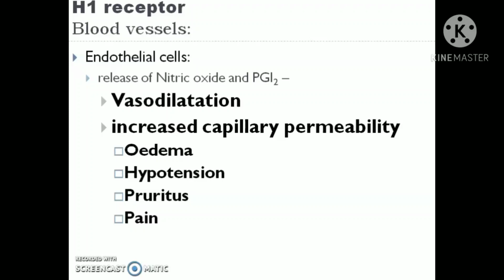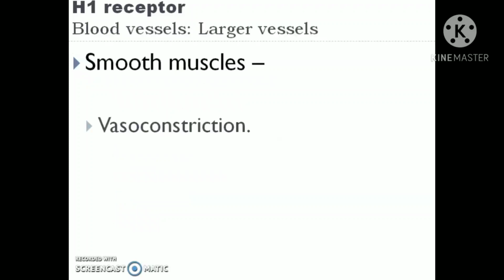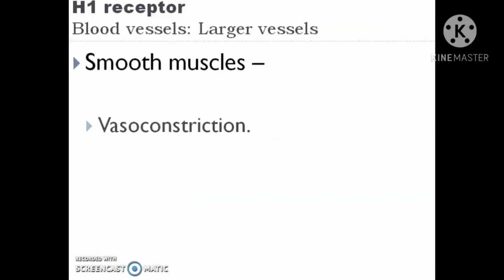Vasodilatation of smaller vessels like arterioles, capillaries, and venules takes place, and as a result of that, increased capillary permeability occurs, and that may lead to edema, pruritus, pain, hypotension, that is fall in BP. Whereas interaction of histamine with H1 receptors present in smooth muscles of larger blood vessels causes vasoconstriction.